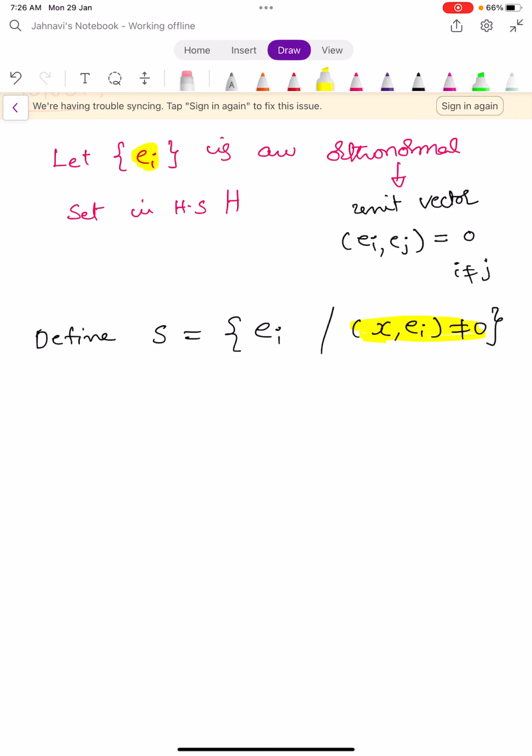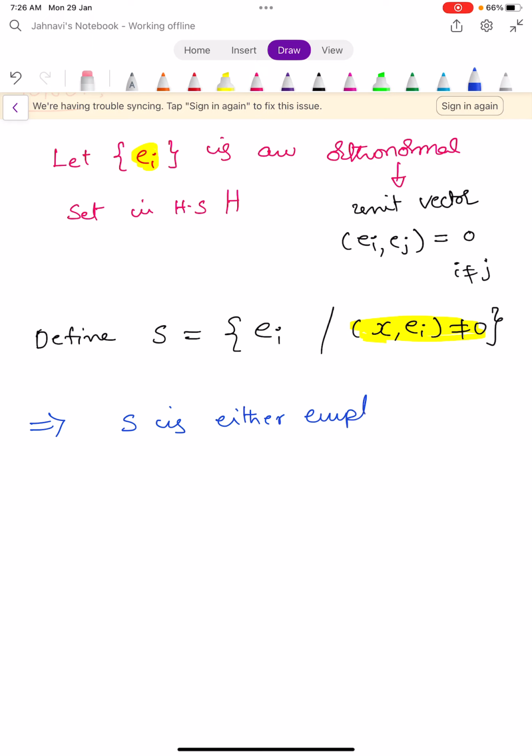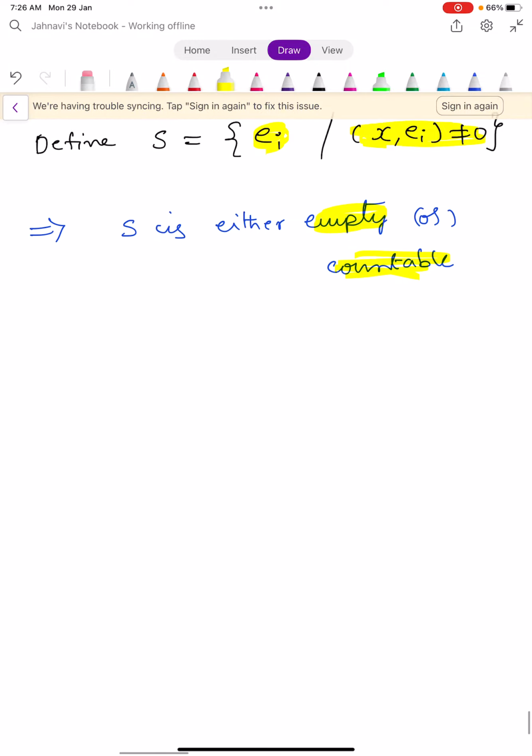Then, by the definition of S, there may be two possibilities. Either S is empty, which means it has no elements, or S is countable. Now let us see what happens.